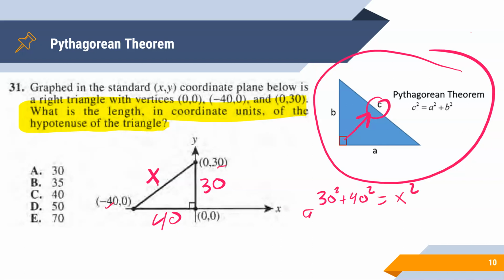Again, using my calculator, adding those up, and then doing the square root on my calculator, we wind up with 50 for an answer.